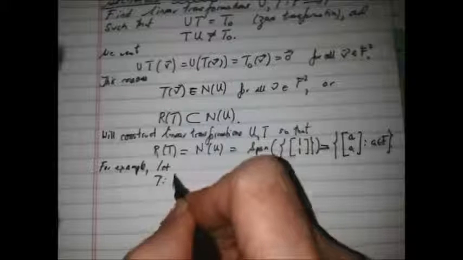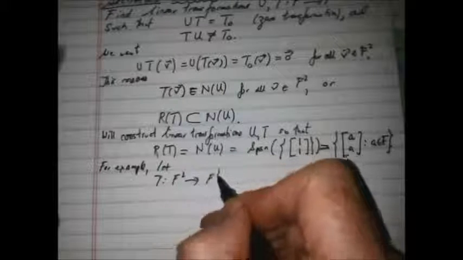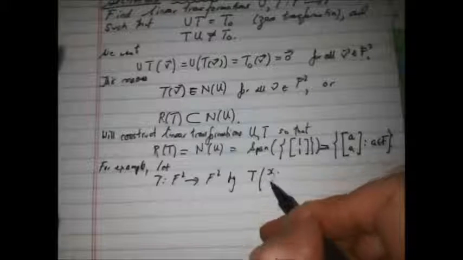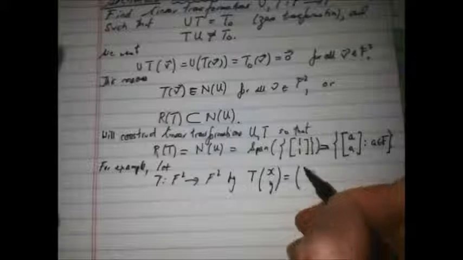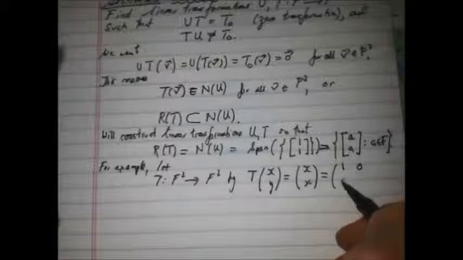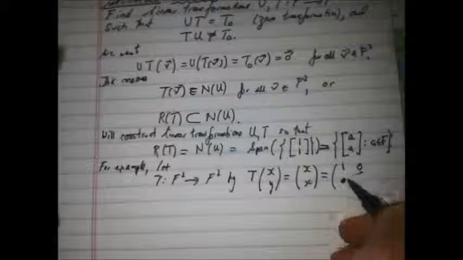Okay, so we let T go from F2 to F2 by T of a vector (x, y) is the vector (x, x), and that's clearly in the place that we want. And we can write that as the matrix 1, 1, 1, 0 times (x, y).